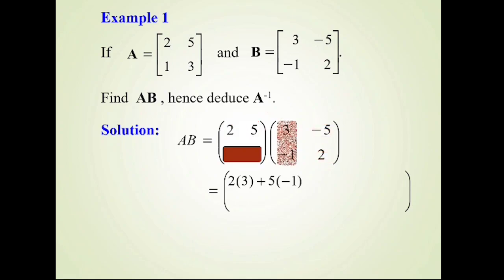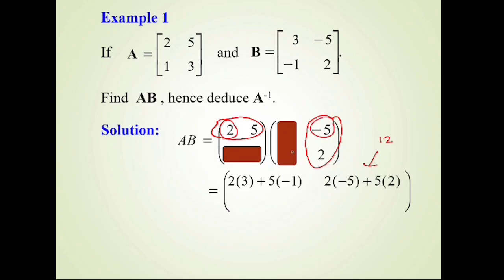Next, we want to find the value here, which is in the first row and second column. So we have to delete the other rows. Look at the first row and second column and multiply the values. 2 times negative 5, and then plus 5 times 2, and so on.